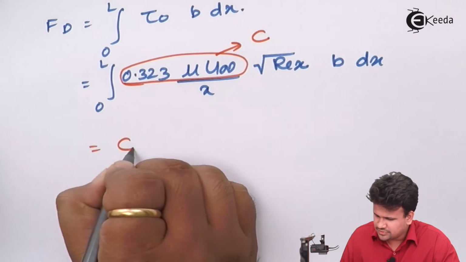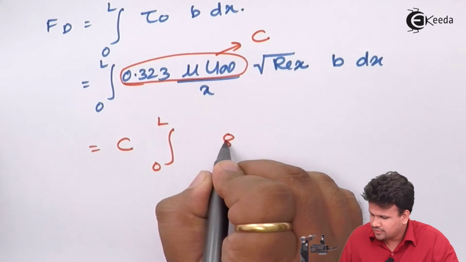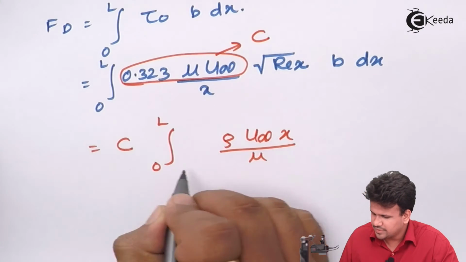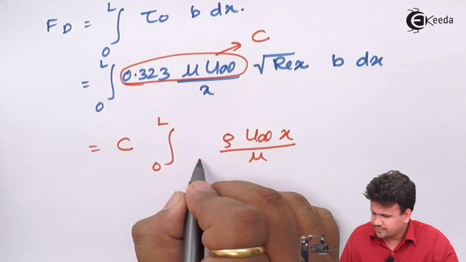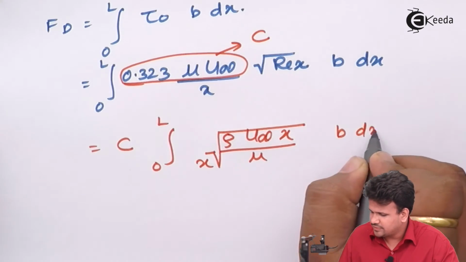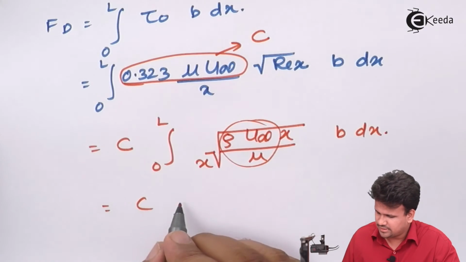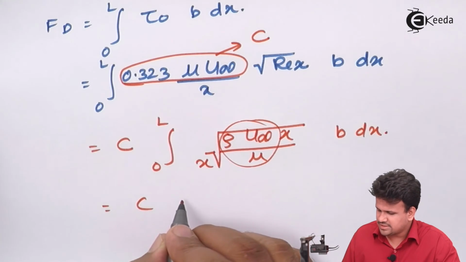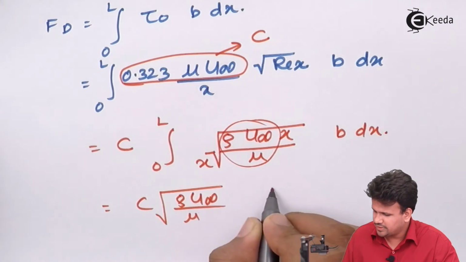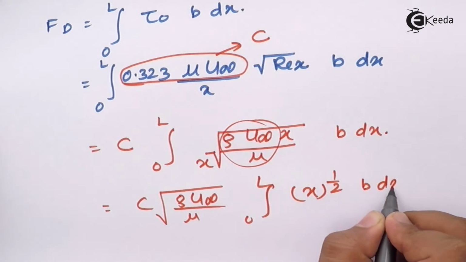So this will be equal to C integral 0 to L. Reynolds number is actually rho u infinity x upon mu, and this x will be under the square root, into b dx. So C, this term will go outside, giving rho u infinity upon mu into integral 0 to L of x raised to minus 1 by 2 b dx.